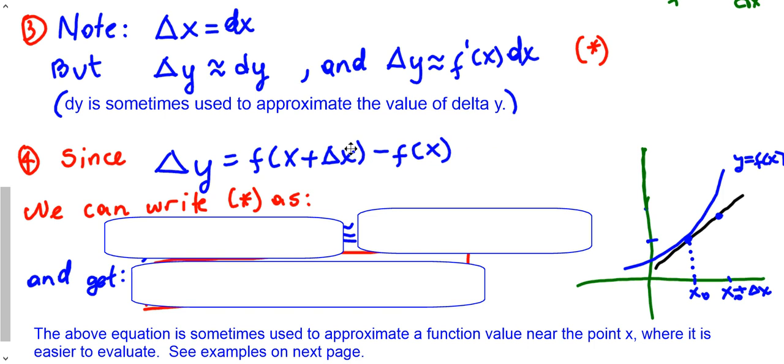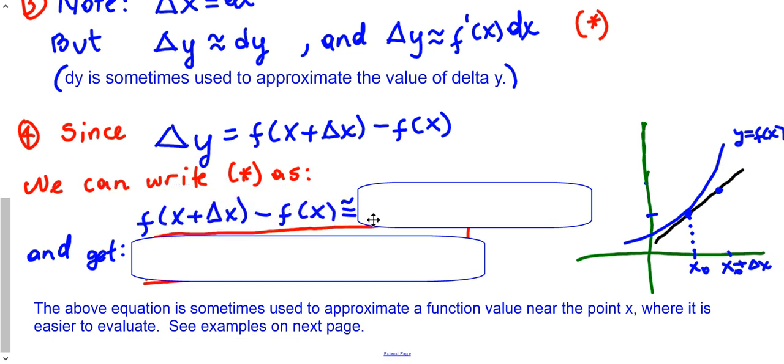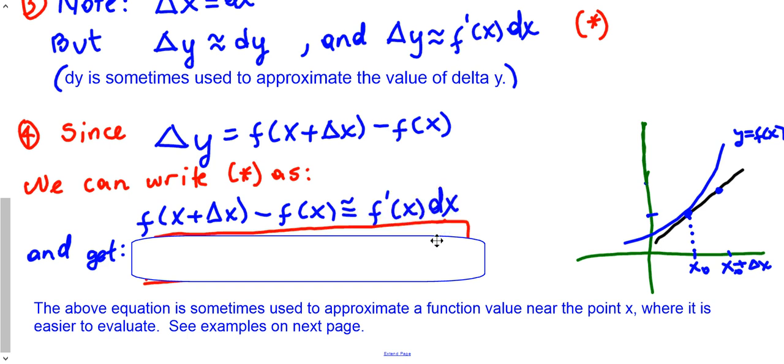Remember, delta y is the actual change in the value of the function, which is being approximated by this differential f prime of x dx. So if this is equal to delta y and this is equal to delta y, let's just set them equal to one another and have another simple identity. So the actual change in the function will be estimated by f prime of x dx.